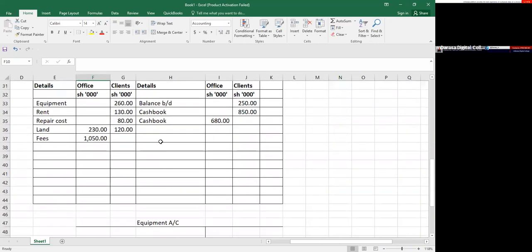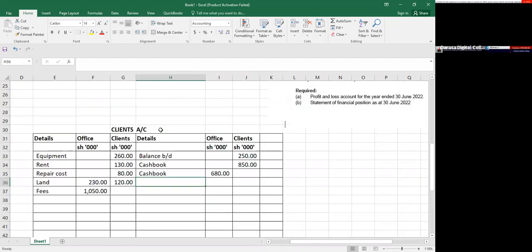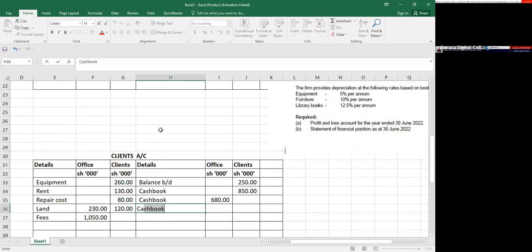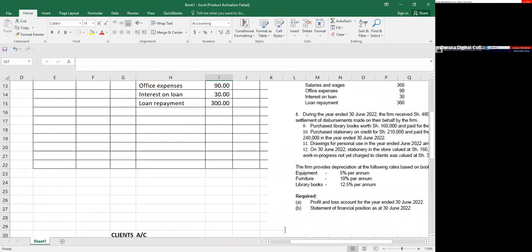Then come to our client's account here, where we are talking of disbursement of how much? 480. So cash book, $480. Very important to note.